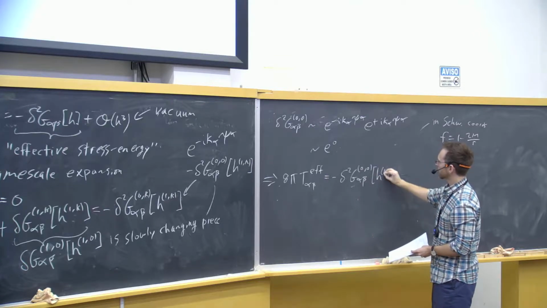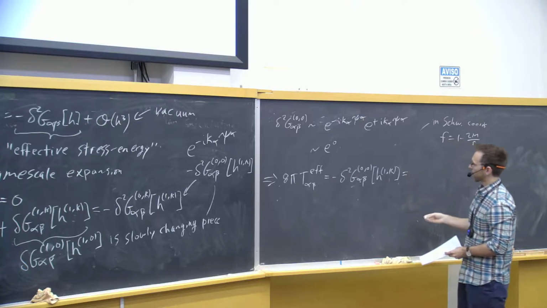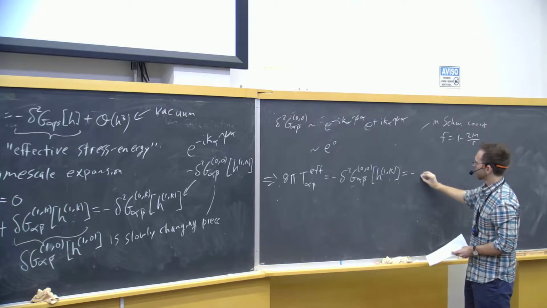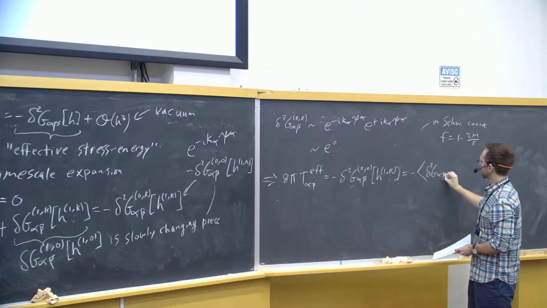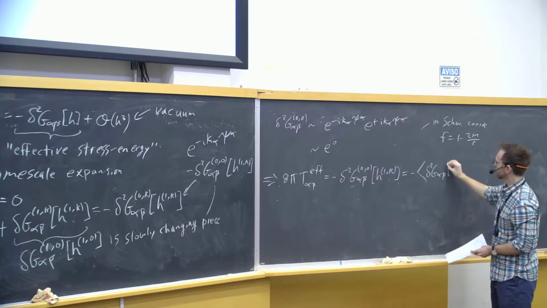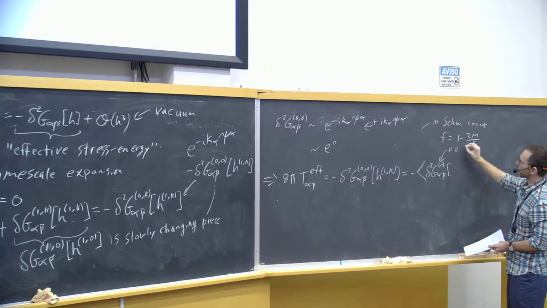So 0, 0, 1, k, which we can also write as just an average of this quantity. And I'll put a 0 here, meaning no slow time derivatives.